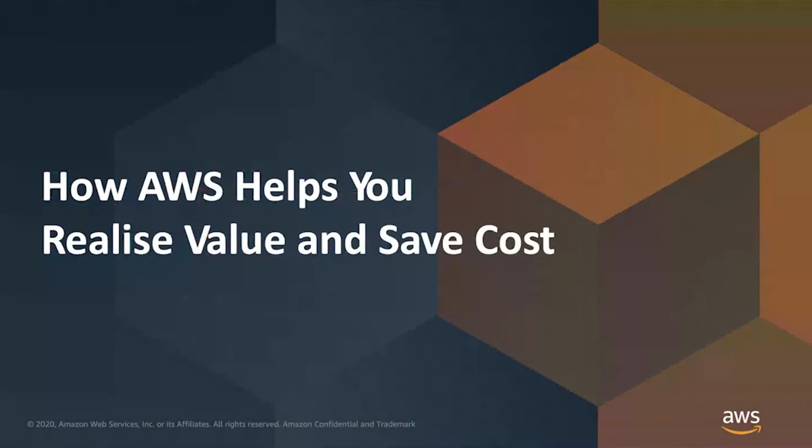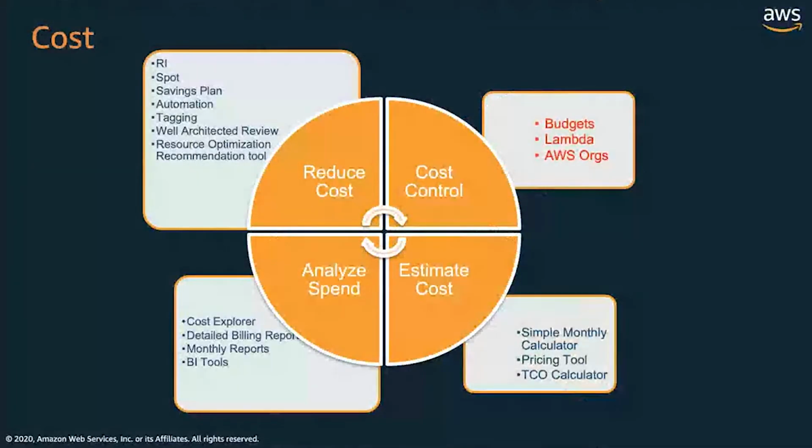So how does AWS help you to realize value and save cost? What I'm trying to outline here, and I'm going to come back to this slide a little bit later on, is that there are various ways of either proactively or reactively controlling cost in AWS.